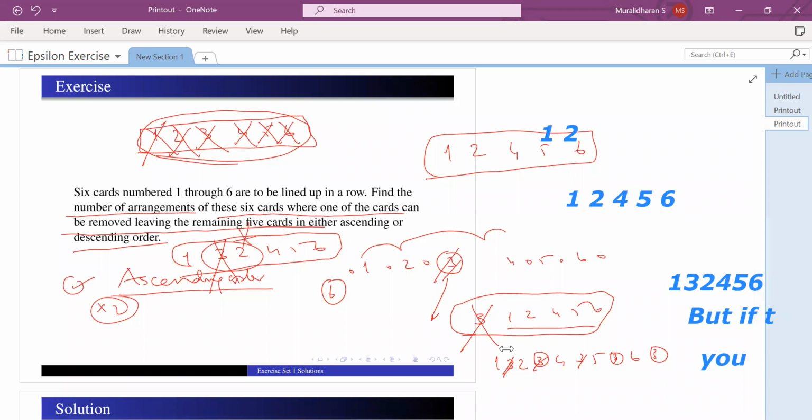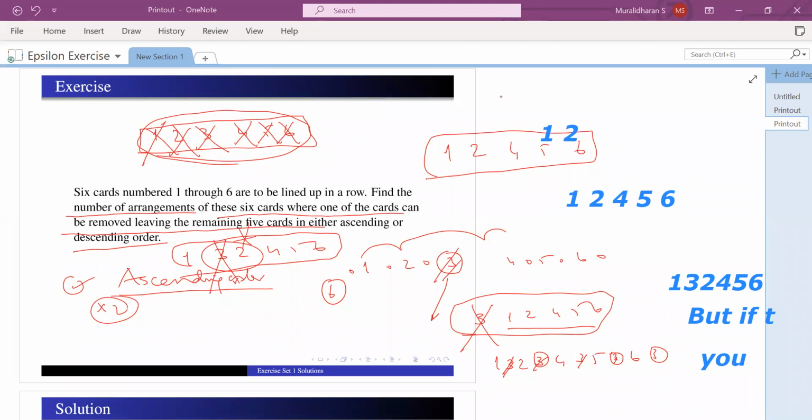Okay, so let's hear Lakshmi. You had a doubt? Yeah, go ahead. I think the question is basically if you remove one of the cards, it will yield ascending order. If you remove any one.